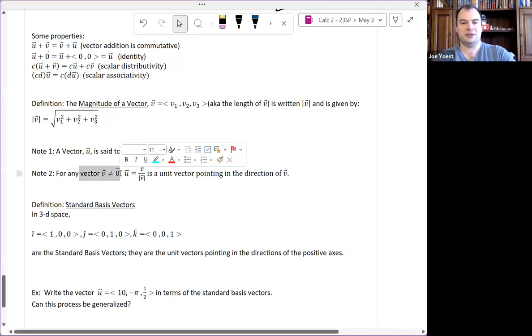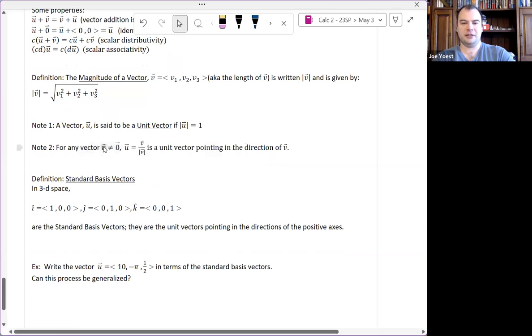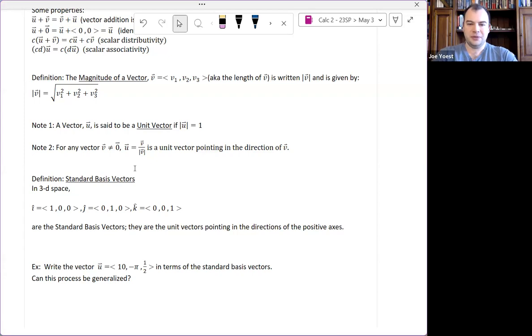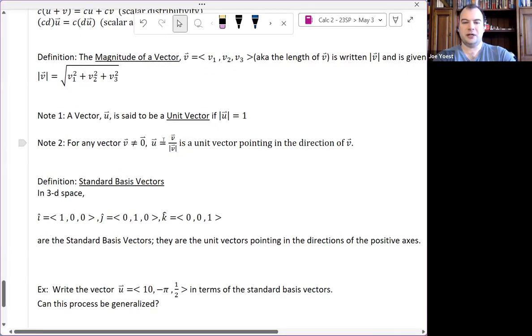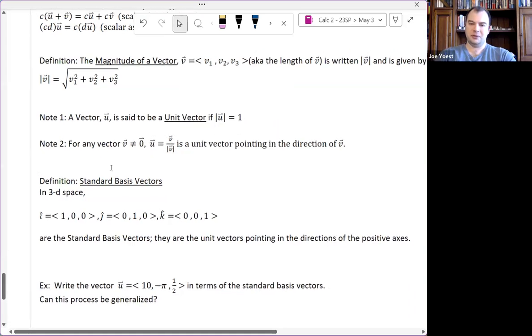For any vector that is not the zero vector, we can create a unit vector in the same direction by taking the original vector and dividing it by its length, essentially multiplying by a scalar that is 1 over length v. So if I take u bar as 1 over length v bar, which is just a number, times the vector v bar, u bar is a unit vector pointing in the same direction as v bar.